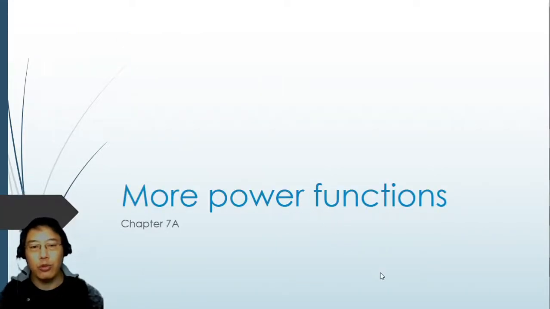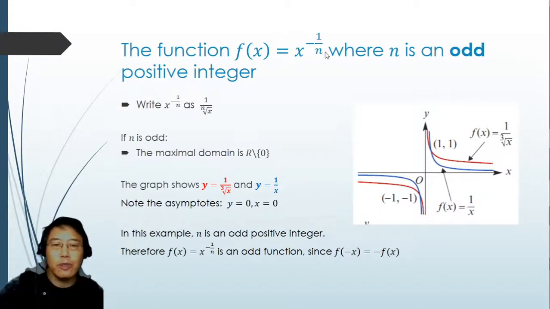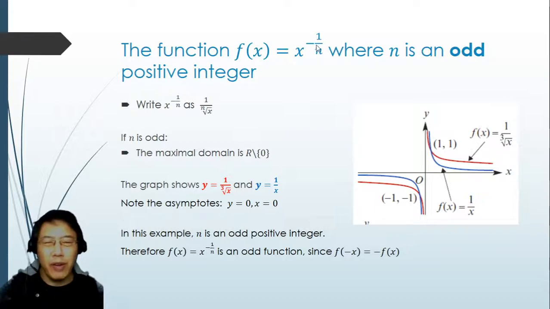So let's look into more details about power functions. Before we combine variations of powers, let's look at a negative power which is in fractional form, where the denominator of the power is an odd positive integer.